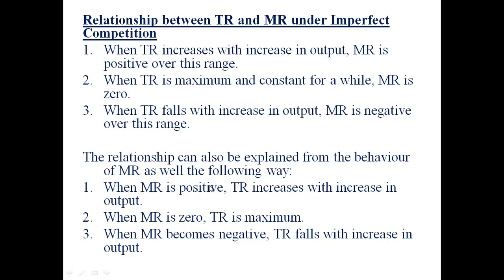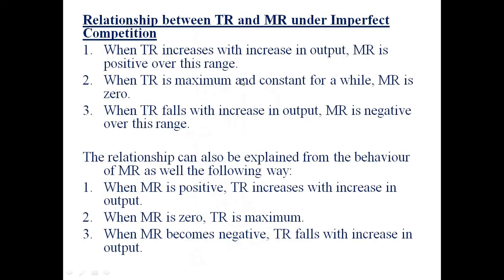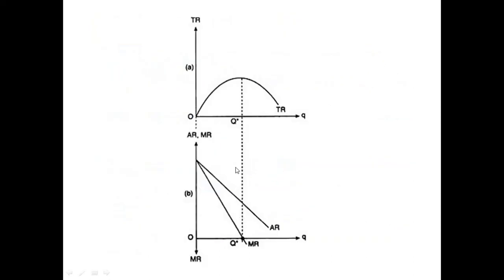When MR is positive, TR increases with increase in output. This is point number one. And when MR is 0, TR is at its maximum point. And when MR becomes negative, here you can see that MR has become negative, now the TR will fall down.